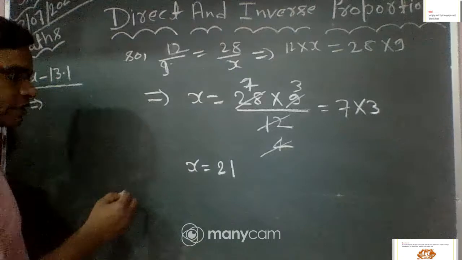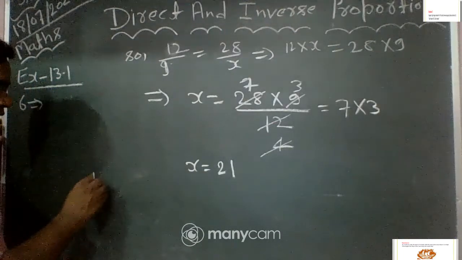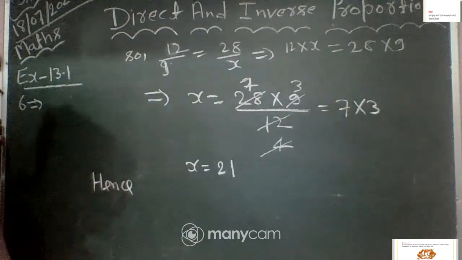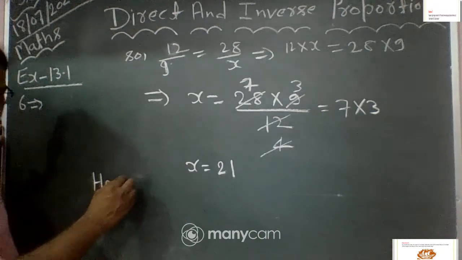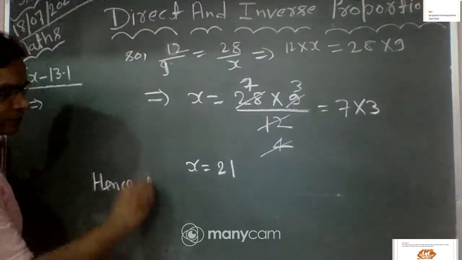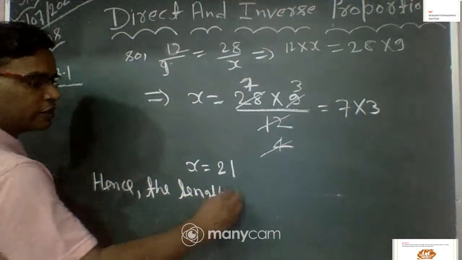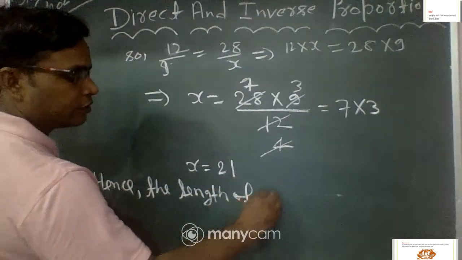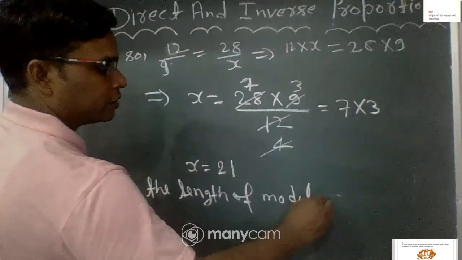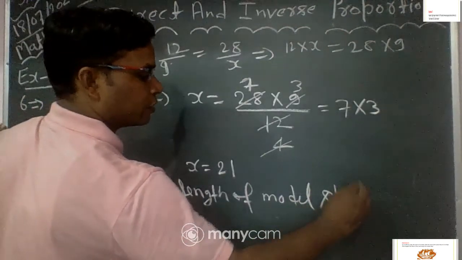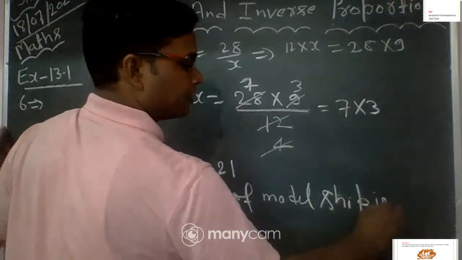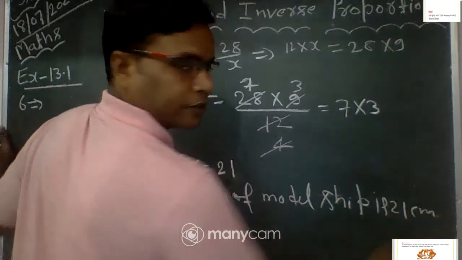So hence, at last, you can say the length of the mast of the model ship is 21 centimeters.